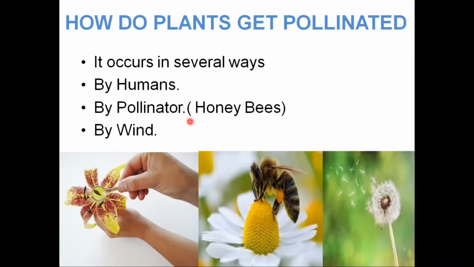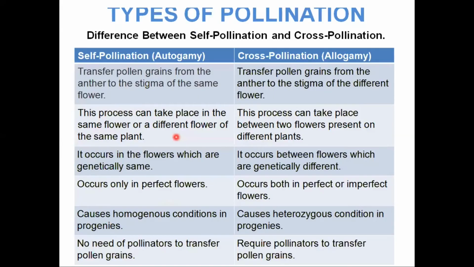Then by pollinators, for example honeybees, butterflies, moths, etc. But the honeybee is the most important pollinator because it pollinates most of the crops, like 110 crops that we eat and use for production. Then by wind, the pollen grain from the anther is transferred to the stigma of the flower through blowing.